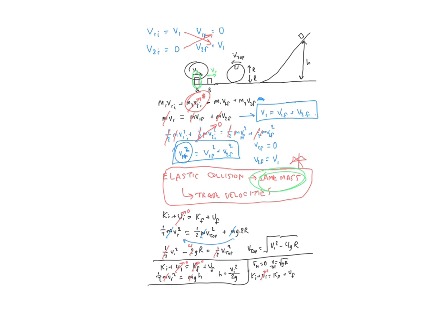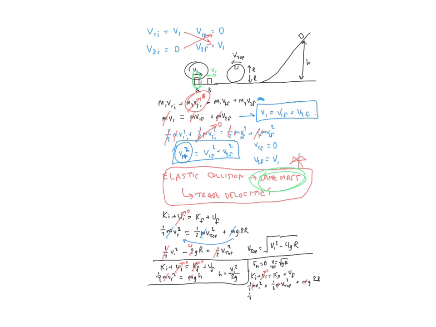So plugging in the equations, we have 1/2 m v1 squared, which is what we're looking for, is equal to 1/2 m v top squared plus mg times 2r, which is the height. Once again, we have the m in every term that cancels out.